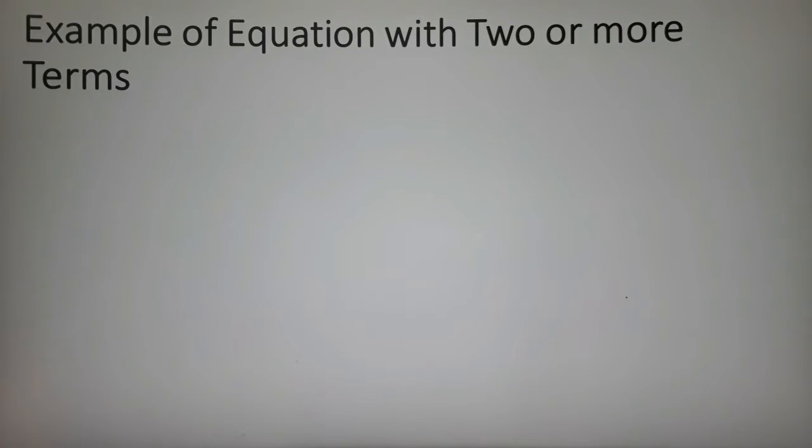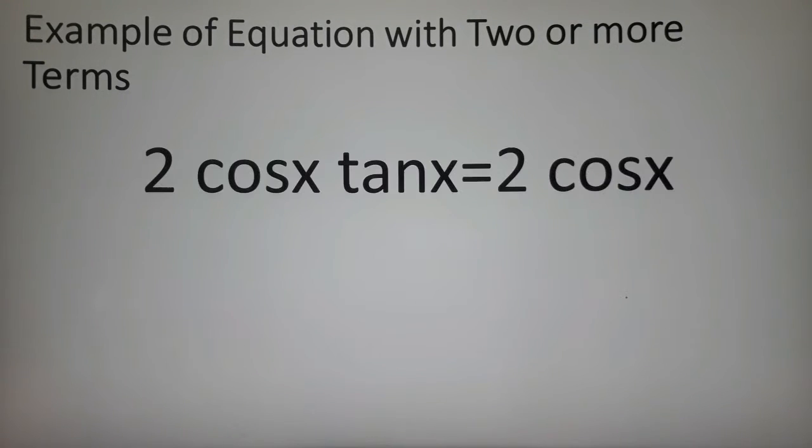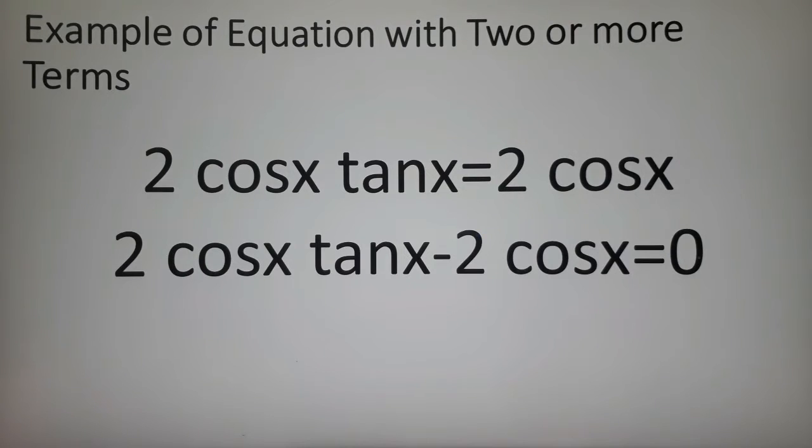Another example, an equation with two or more terms: 2 cosine x tangent x equals 2 cosine x. In order to equate it to 0, you need to transpose 2 cosine x to the other side, which will become negative.